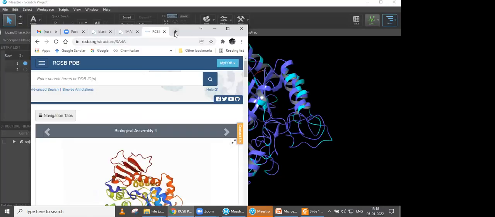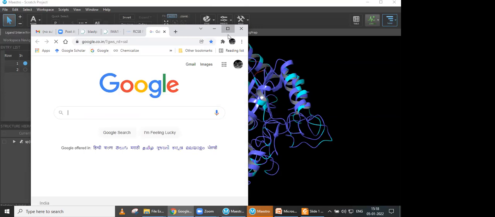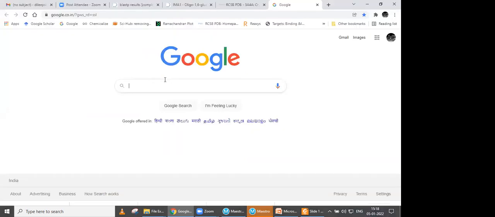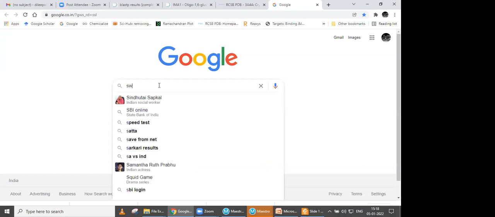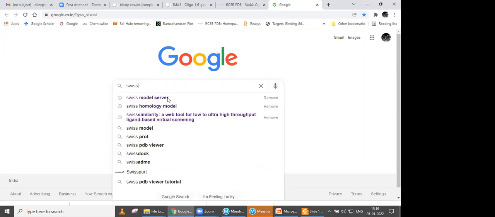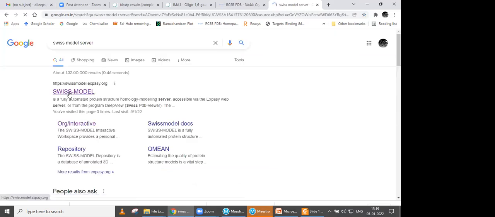Just go to Google. Then here you need to add Swiss Model server, and you will get the first option.